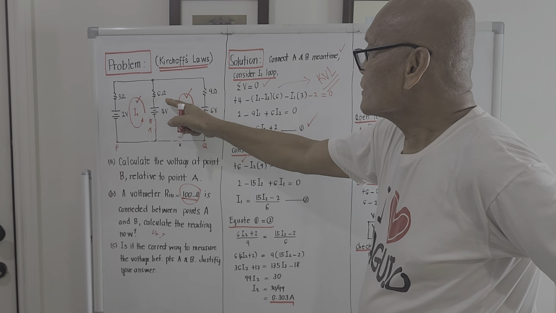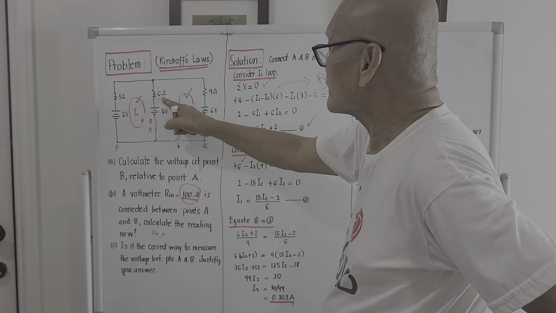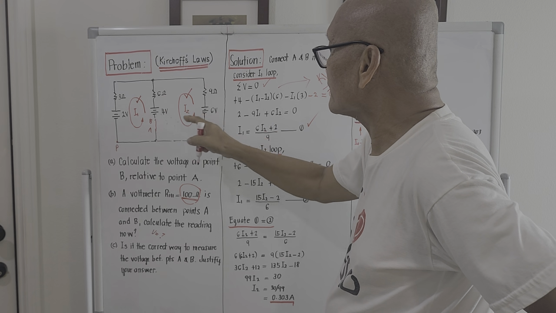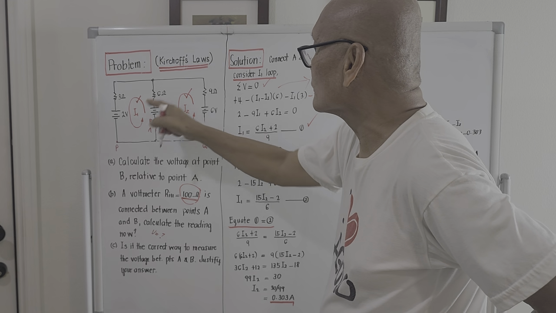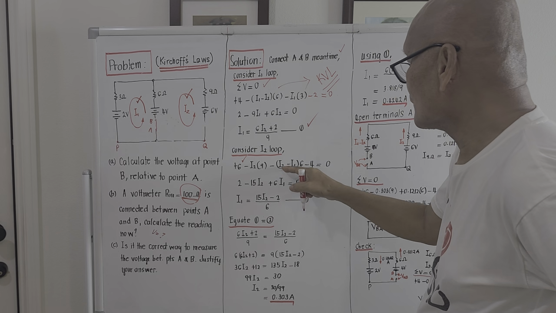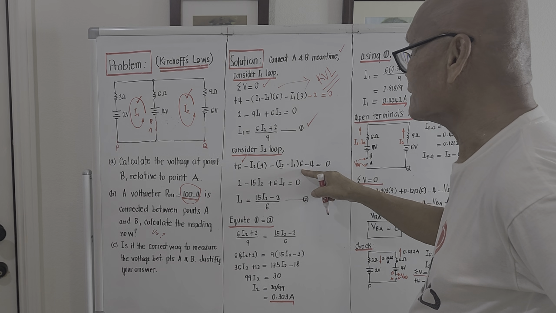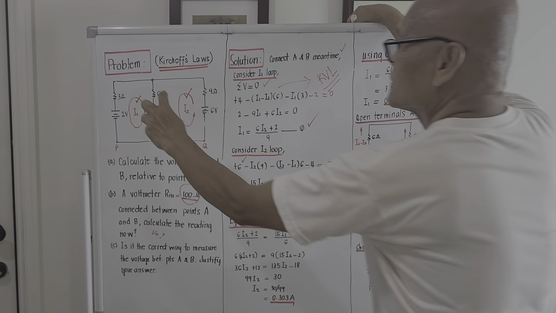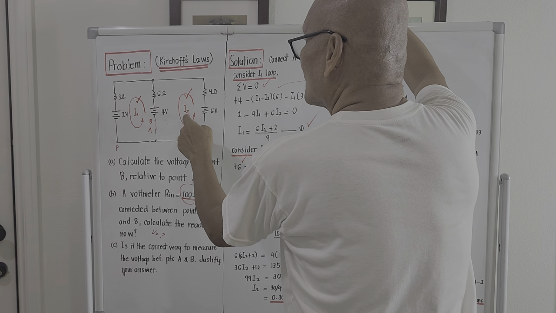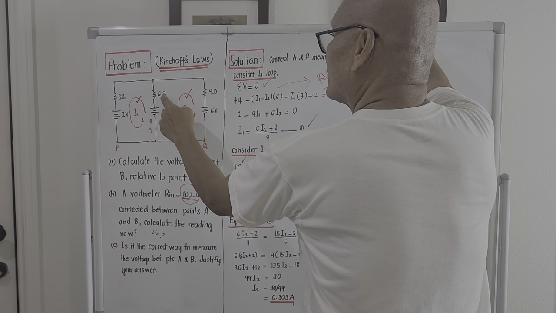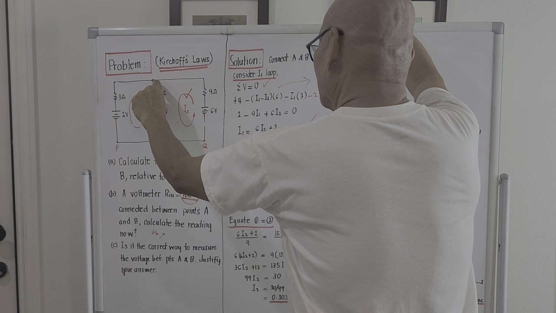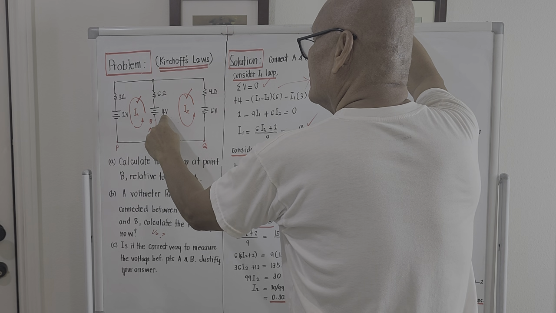And the current passing the 6 ohm load, there will be two currents. It will be the difference of I sub 2 minus I sub 1 multiplied by 6. Right? There are two currents passing here. That's the voltage drop, minus 4.